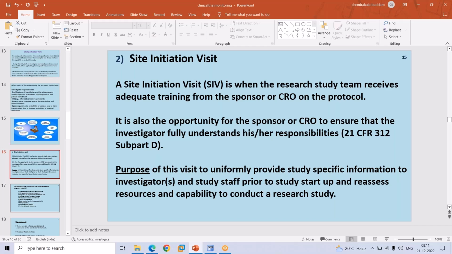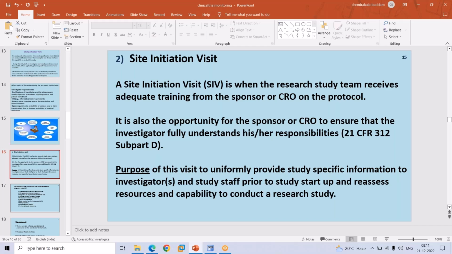The main purpose of the site initiation visit is to uniformly provide study-specific information to the investigator and the study staff before the study starts, and to reassess the resources and capability.